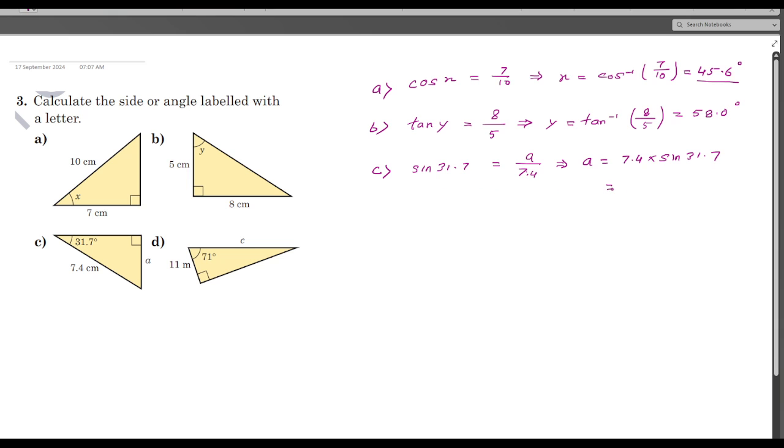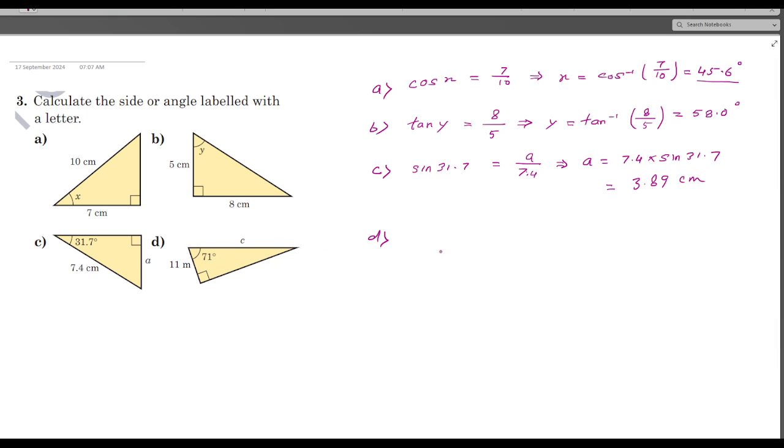So the value of A is 7.4 times sine of 31.7, it is 3.89. So 3.89 centimeter.